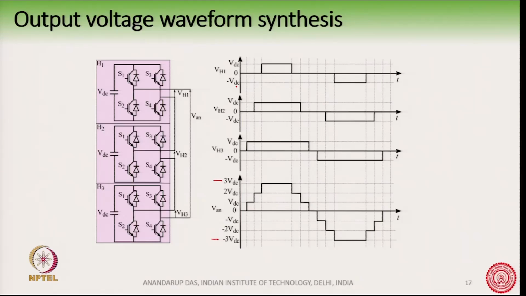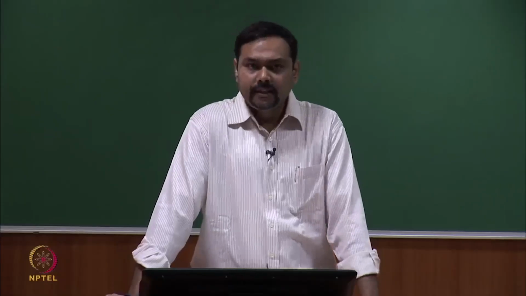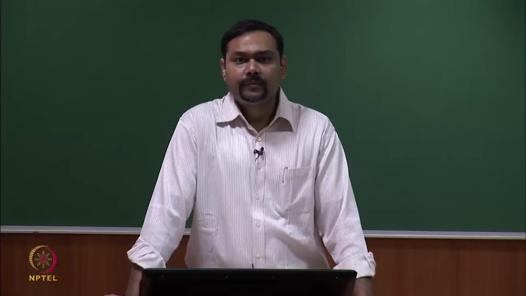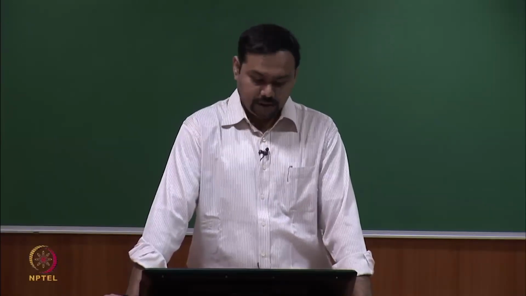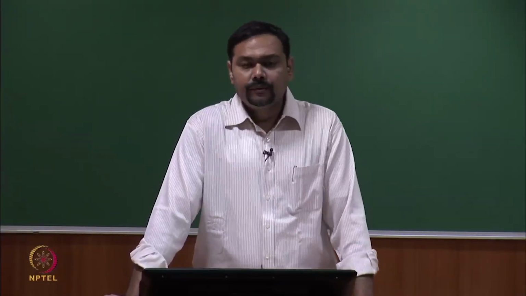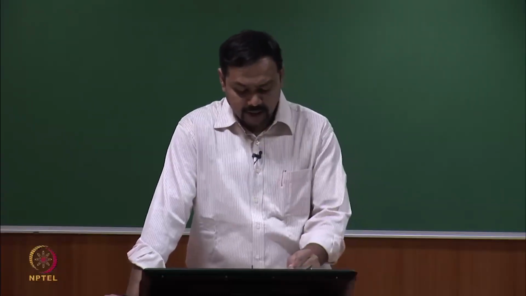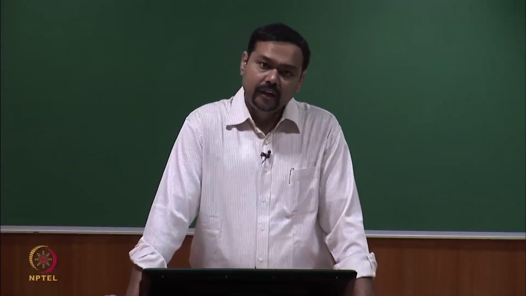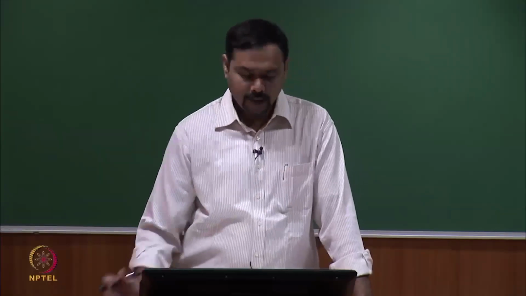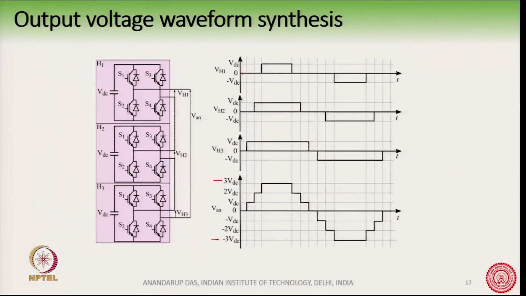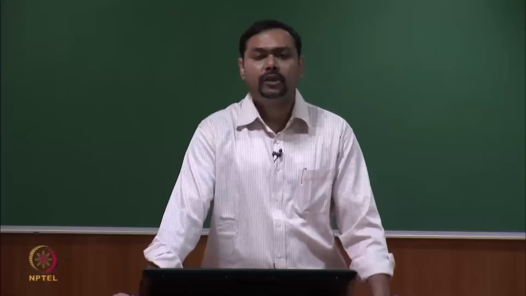Therefore, we see that by using low voltage rated IGBTs in each cell, we are now able to produce a high voltage, because the transistors or IGBTs in each cell are rated for only VDC, this is the rating for each IGBT. But now, the peak to peak magnitude of voltage that is produced at the output is considerably larger than the rating of an individual device.